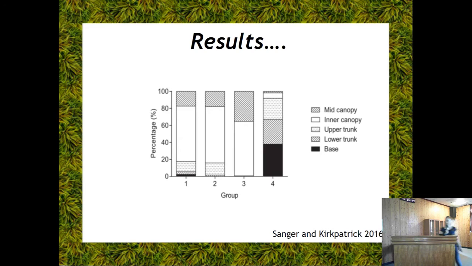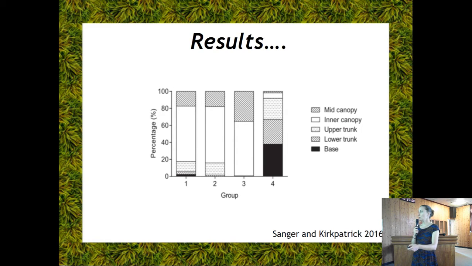Okay, so here are the results. Starting on the right, here is group 4, and this is the group that was associated with the lower height zone. You can see quite a number of species grew in the base zone and the lower trunk as well. Group 3 was the opposite group.